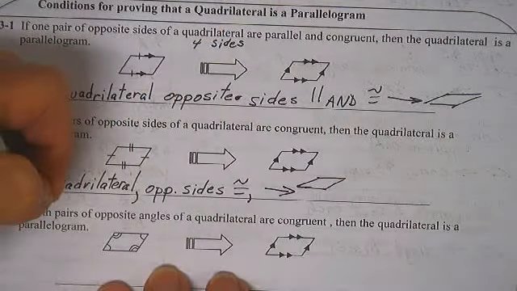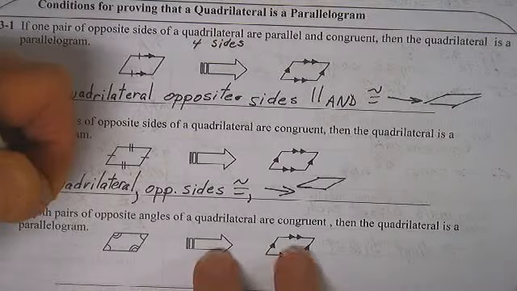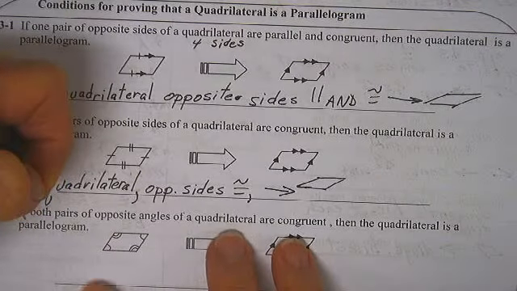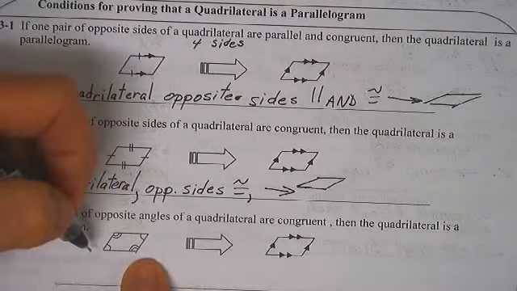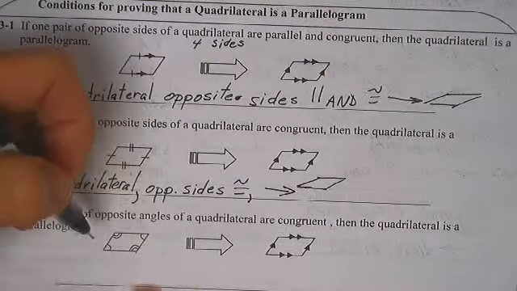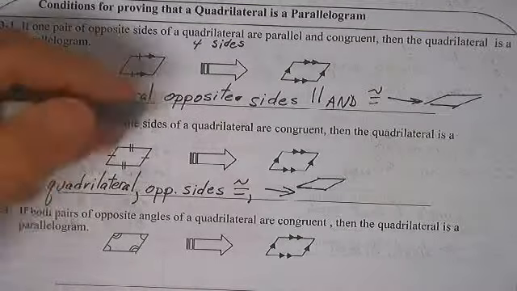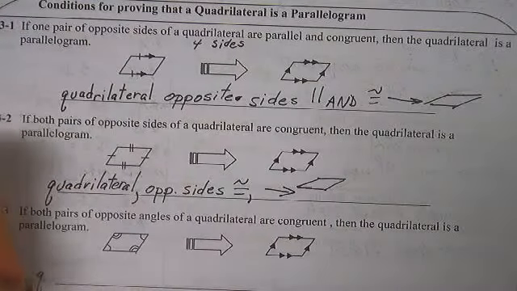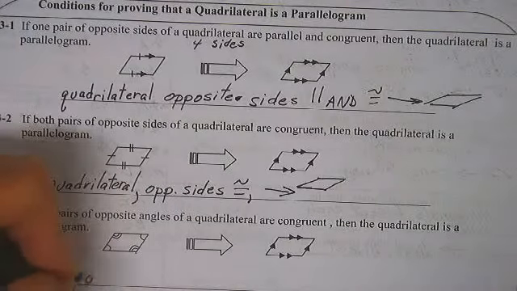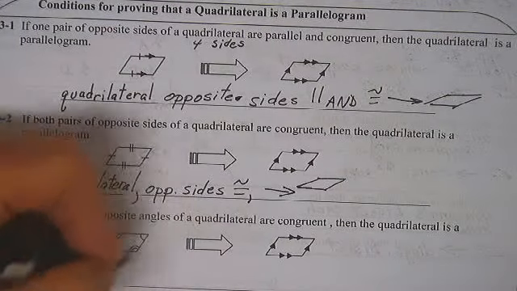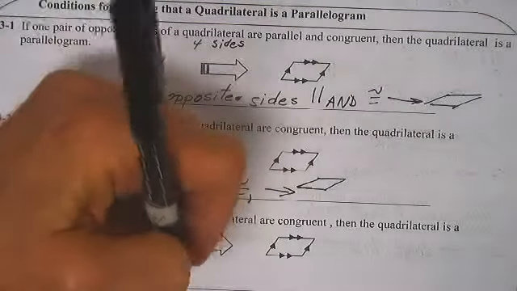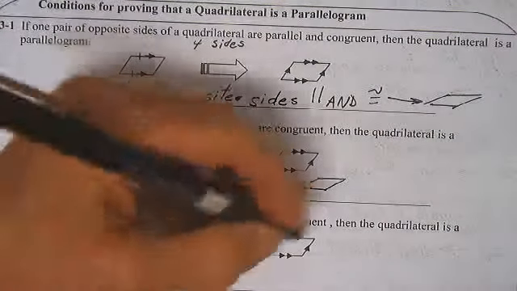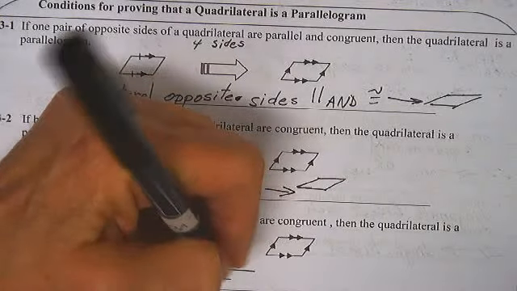If both pairs of opposite angles of a quadrilateral are congruent, then we have a parallelogram. If we have a quadrilateral with opposite angles congruent, then we have a parallelogram.